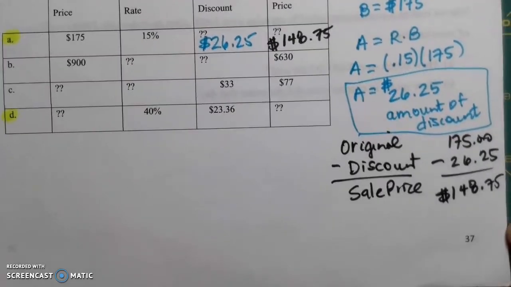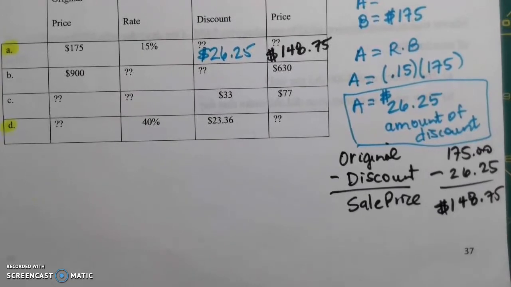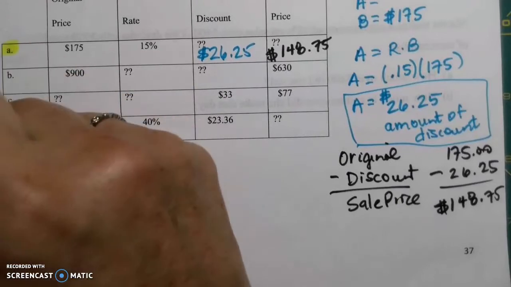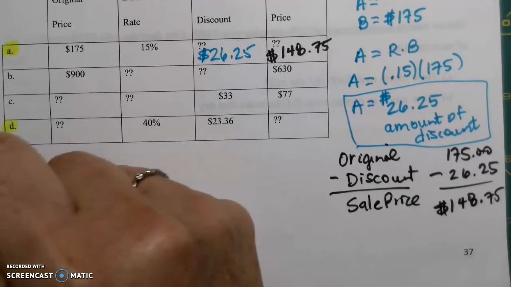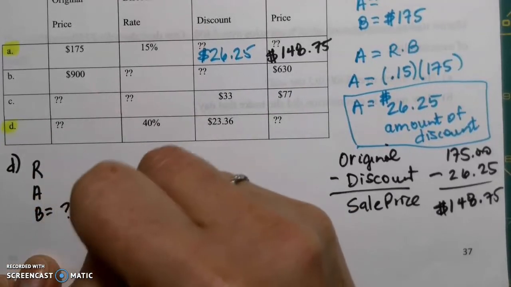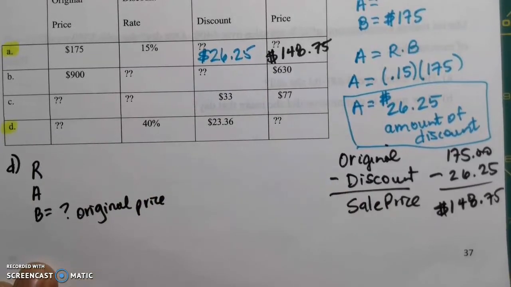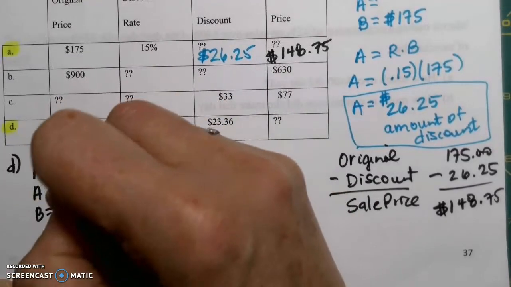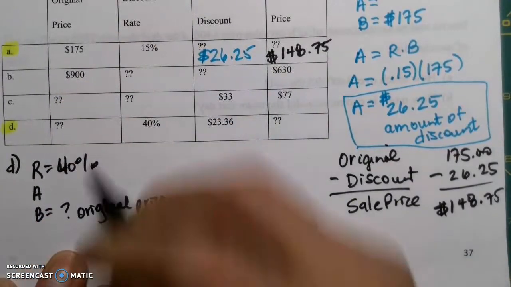So part D, okay, so we do not know the original price. So that's our base that we don't know. We know that the discount rate is 40%. So that's the amount off, right?